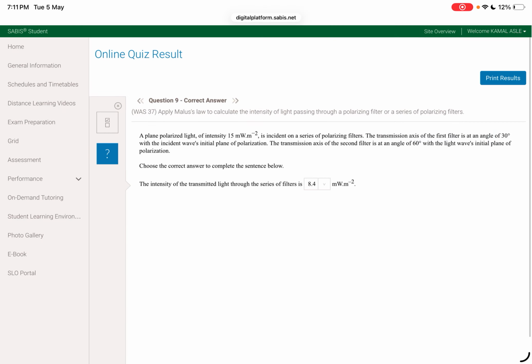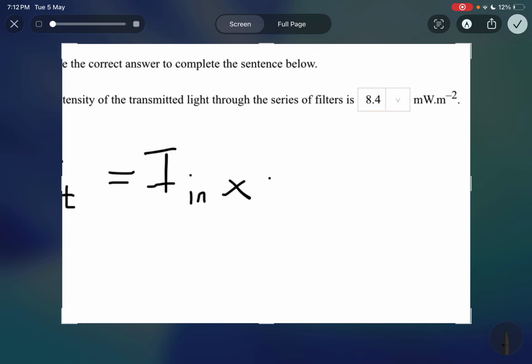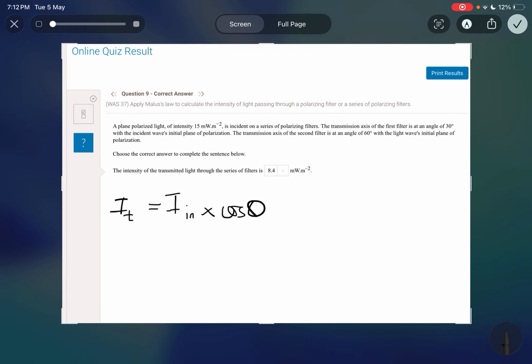The intensity transmitted is equal to the incident intensity times cosine squared of theta. So it will become 15, which is what they said, times cosine squared of 30, and you'll get 11.25 if you put it in the calculator.